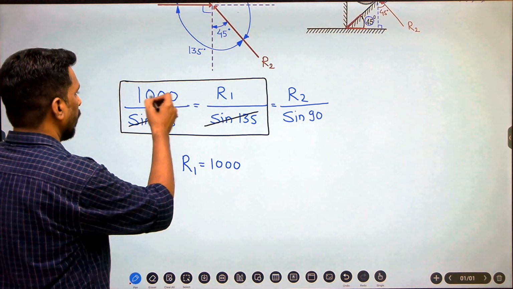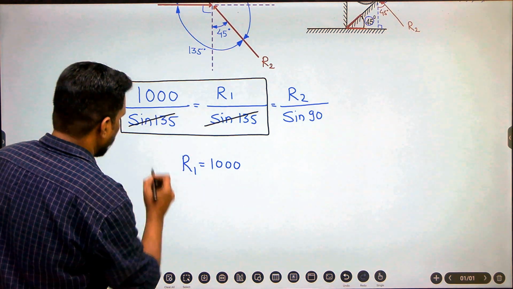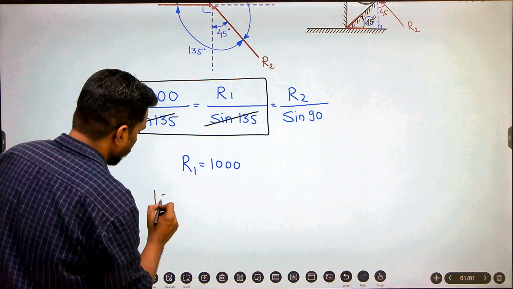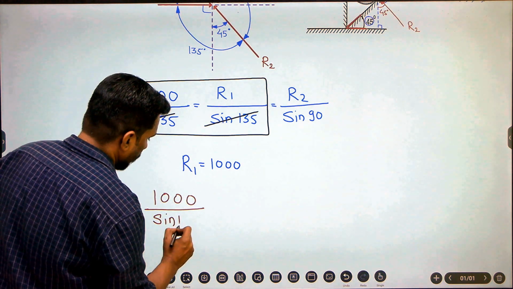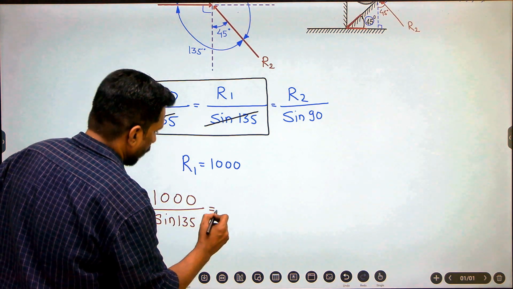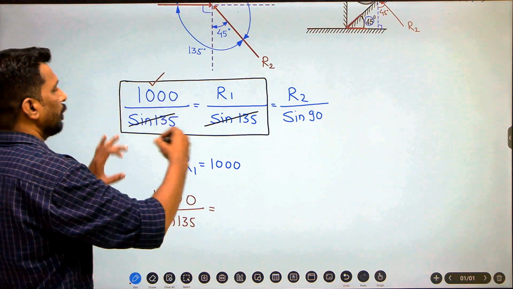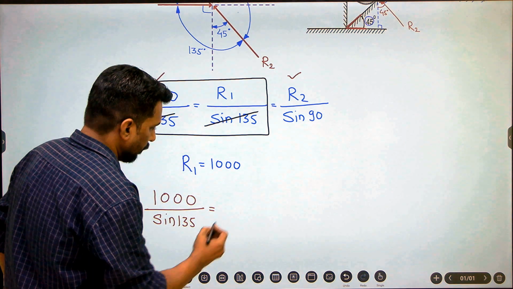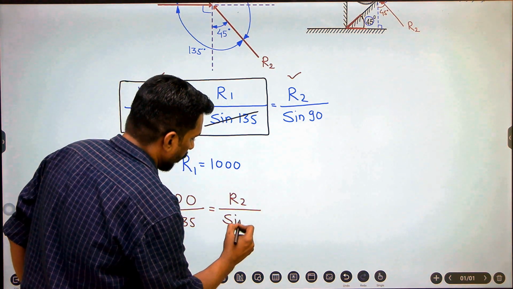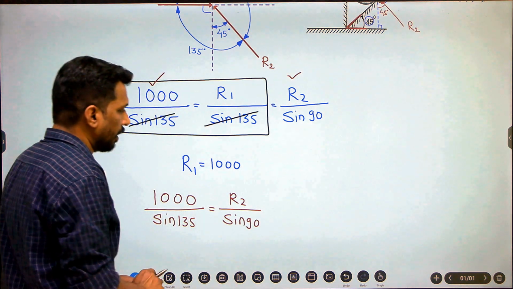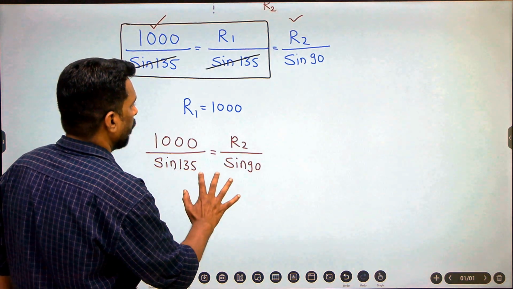Let it be 1000 upon sine 135 is equal to, I am considering this ratio and this ratio, R2 upon sine 90. You know sine 90 is 1.